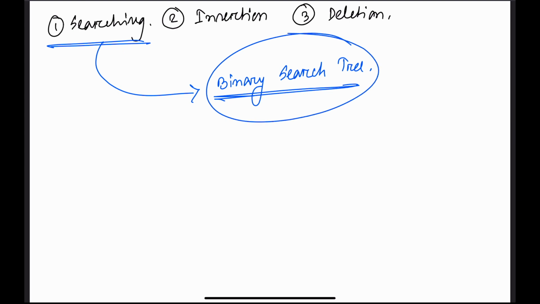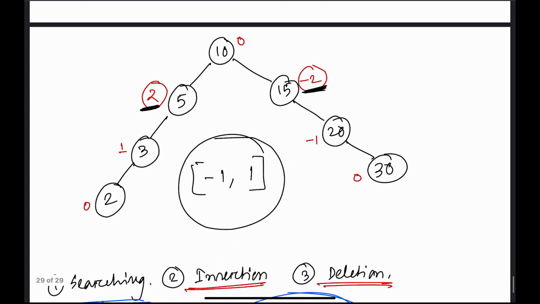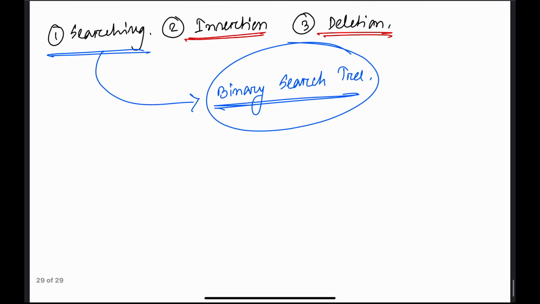Insertion and deletion I have also talked about, and they are almost the same, but here we are talking about balance factors, so we have to take care of that also, and there would be a little bit of twisting. That's why I am not discussing searching now, because it is absolutely the same.